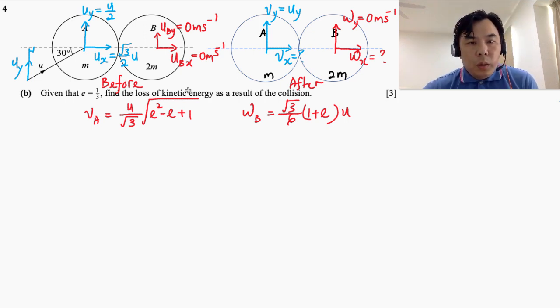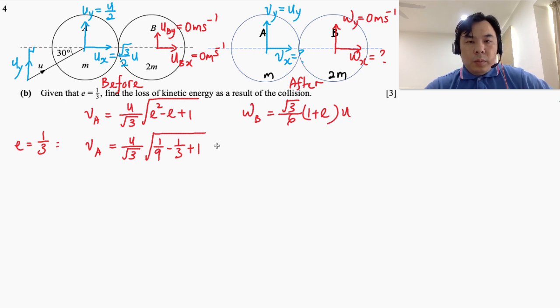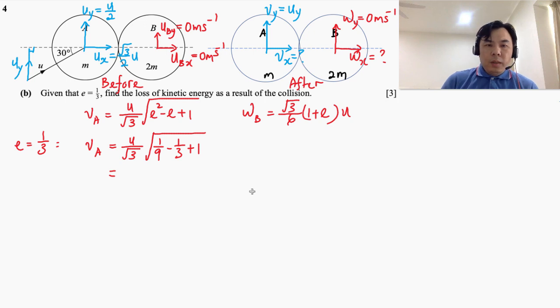All right. Now the loss of kinetic energy. Okay, before that we're going to substitute the e inside. Having e equal to 1/3, VA would be, okay, so 1/3 here, there will be 1/9, 1/3 plus 1. Okay, so from here, let me see what do we have here.